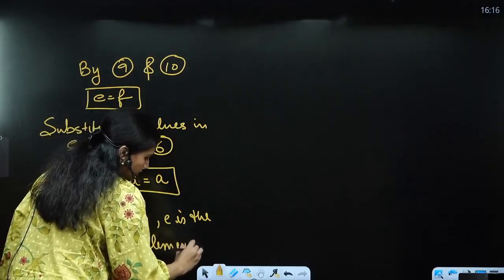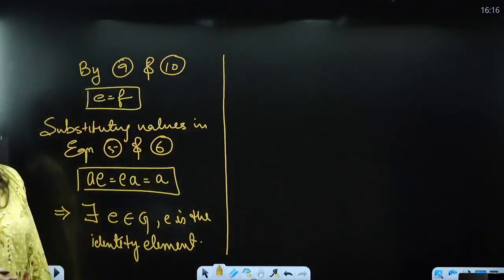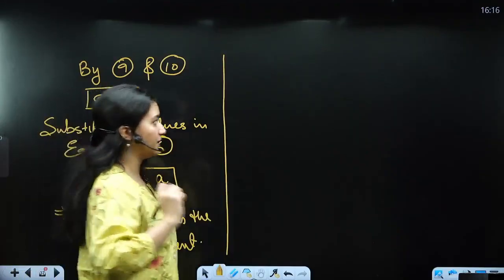So now we have associativity, we have the identity element. Now we just have to prove the inverse part, right?